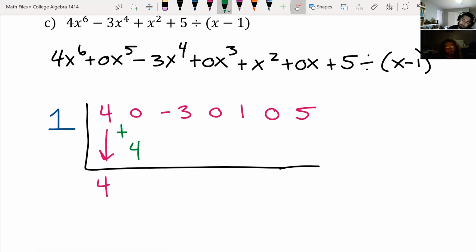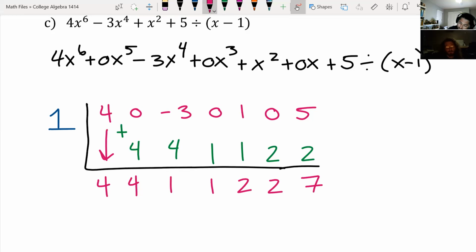We are adding 0 plus 4 is 4. And then 1 times 4, 4. Which gives me 1. And then 1 again, which will give me 2. And then 2, which will give me 2. And then 2, which will give me 7. Yeehaw. Remainder of 7.